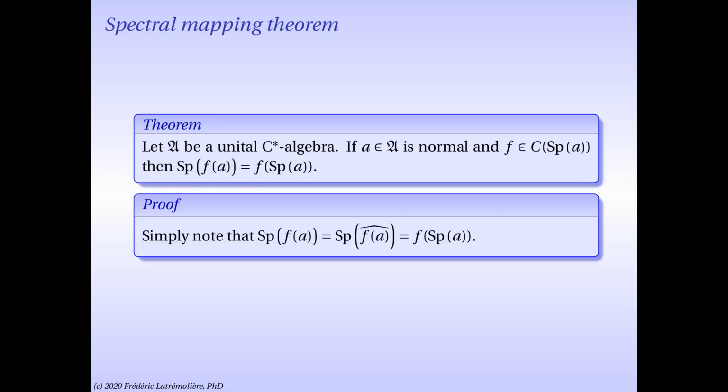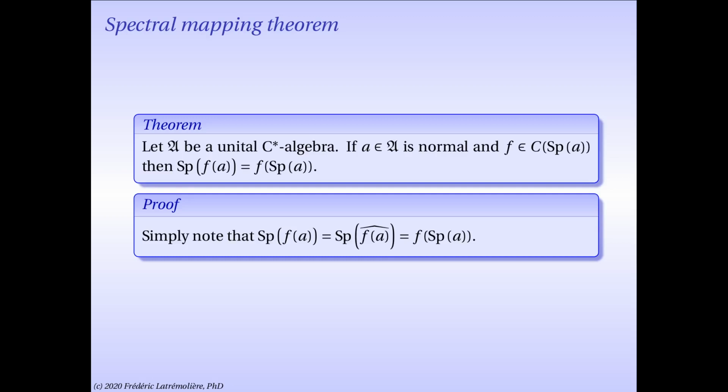And the calculation relies simply on the Gelfand transform properties. It's a very, very straightforward calculation. So basically the spectrum of f of A is the spectrum of its Gelfand transform. And then if you look at how we define our functional calculus, it will be immediate that it is therefore the image of the spectrum by f.